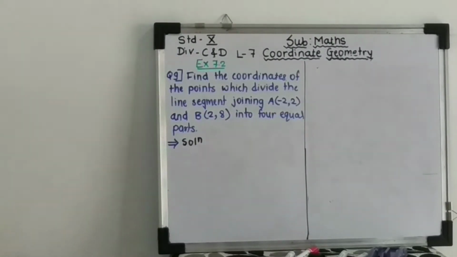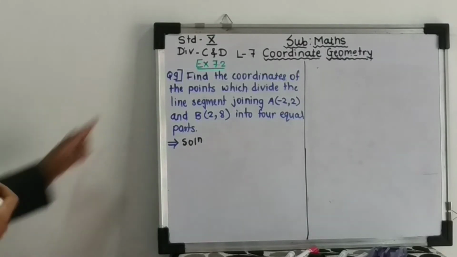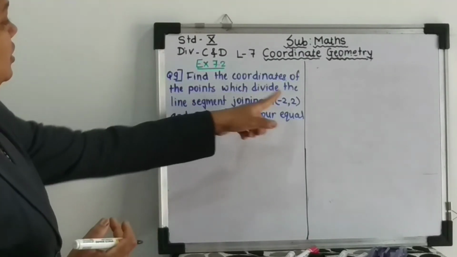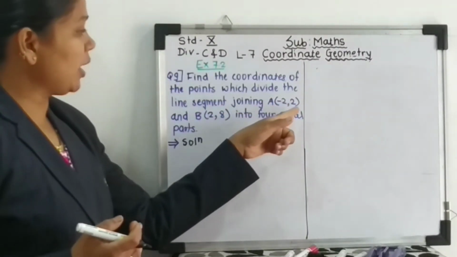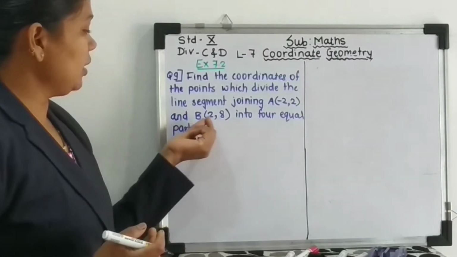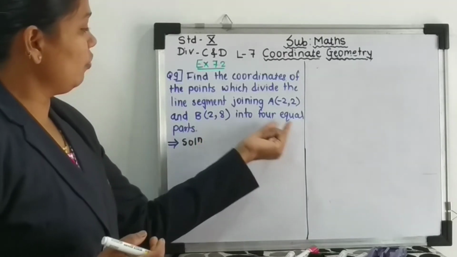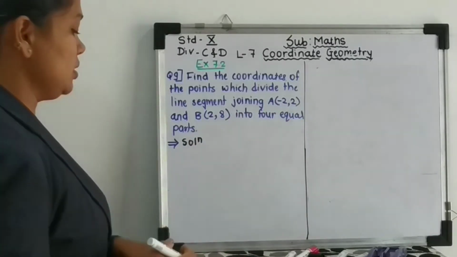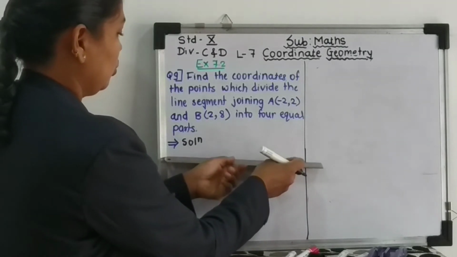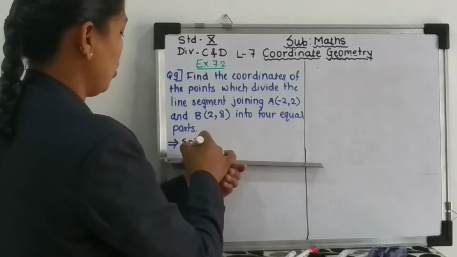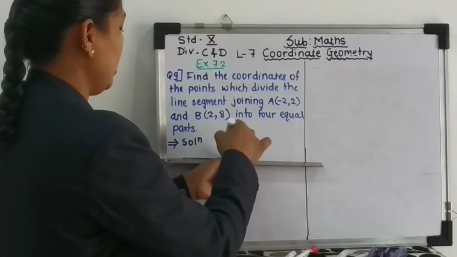In this question number 9, find the coordinates of the points which divide the line segment joining A(-2, 2) and B(2, 8) into 4 equal parts. Means whatever line segment we have, it has got divided into 4 equal parts.